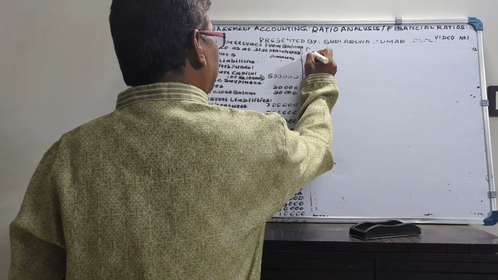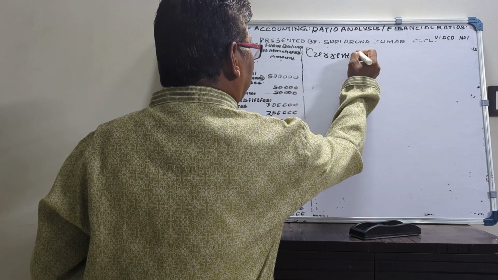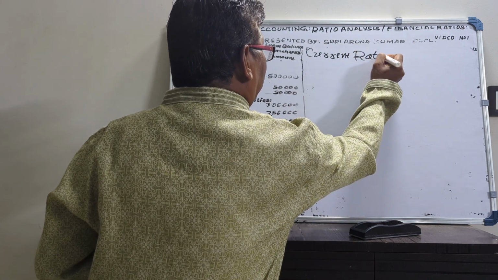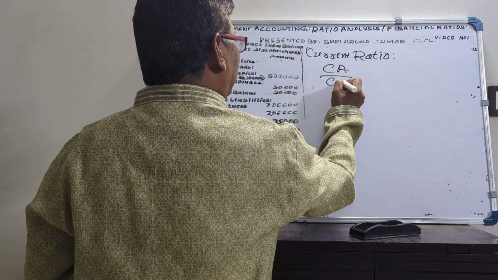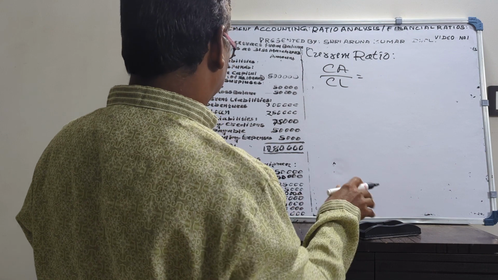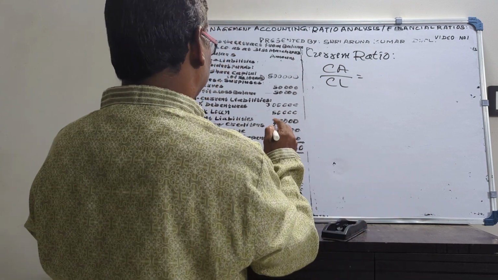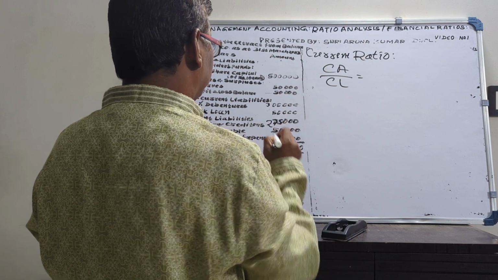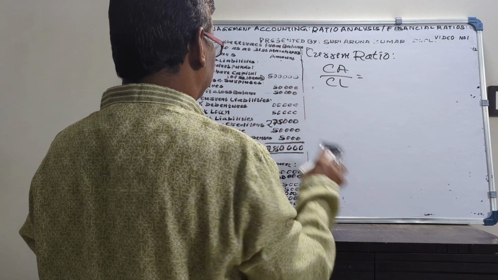So current ratio is equal to current asset by current liability.